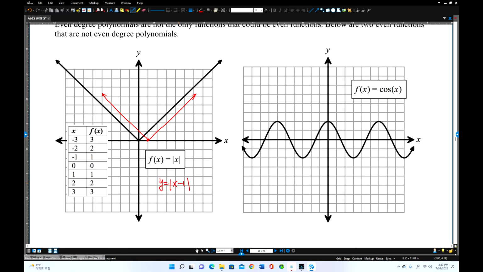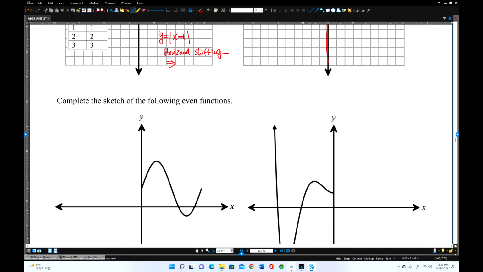So if there is a horizontal shift, 1 unit to the right, it is not even and not odd. Y equals cosine of x is exactly symmetric in the y-axis. That is just an even function.